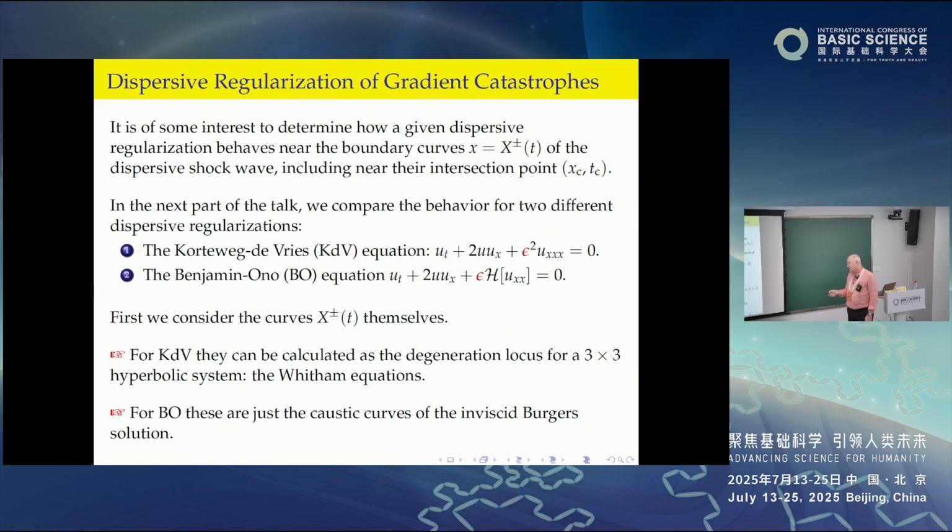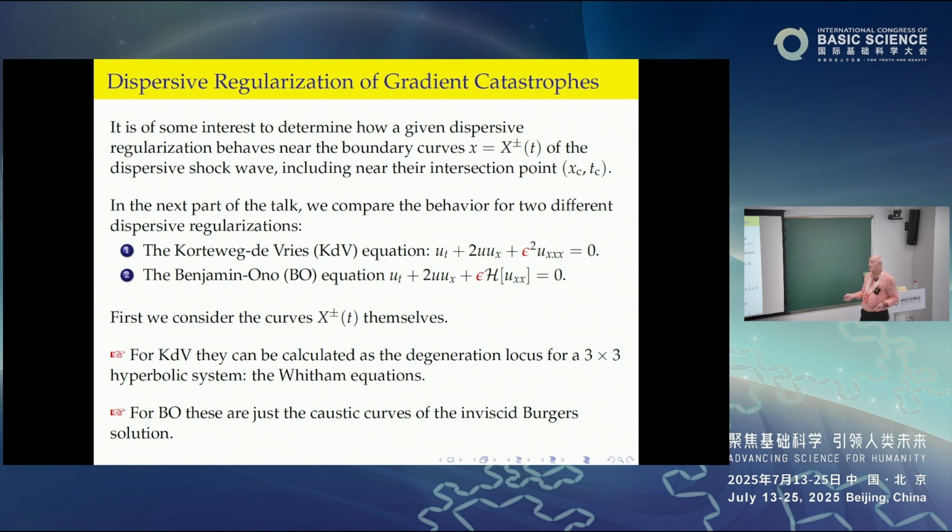So for KdV, you get your hands on these x plus and x minus of t curves by looking at what's called the 3x3 hyperbolic Whitham system, which governs the modulated periodic waves. The system has some degeneration, and the degeneration locus for that system is a system of two curves, x plus of t and x minus of t.